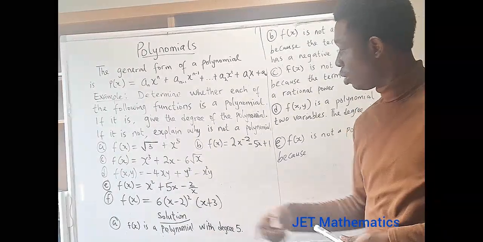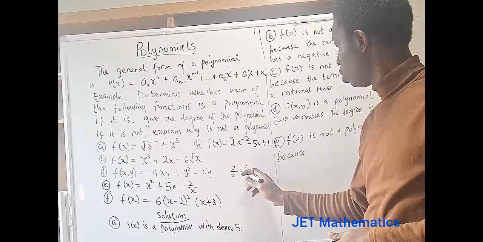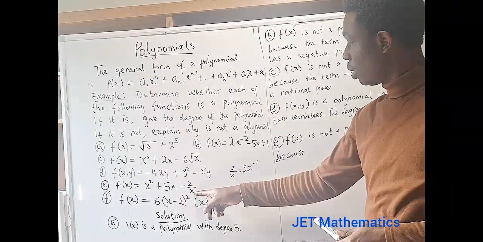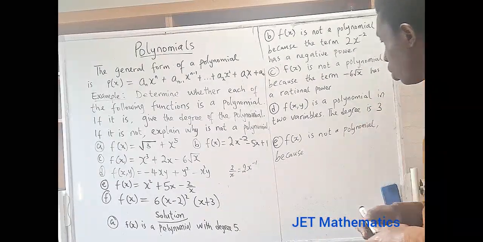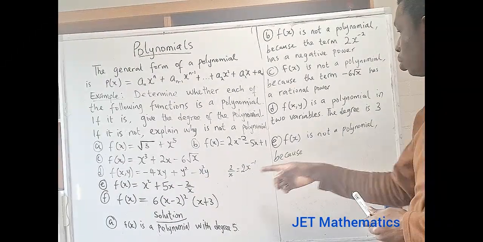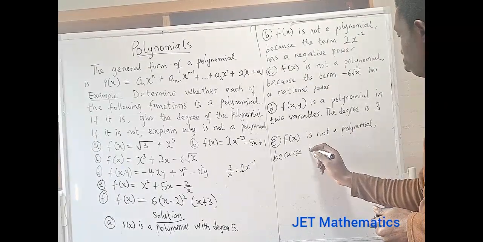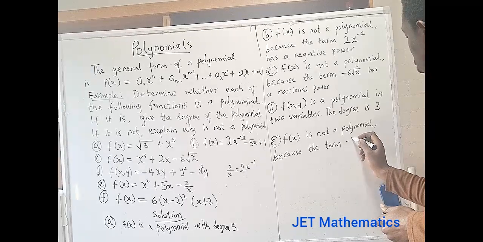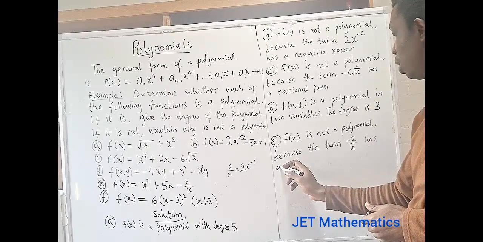Remember in indices, when you have 2 over x, it's the same thing as writing 2x raised to the power of minus 1. You see that? So f of x is not a polynomial because the term minus 2 over x has a negative power.